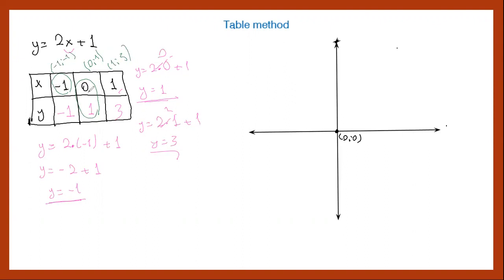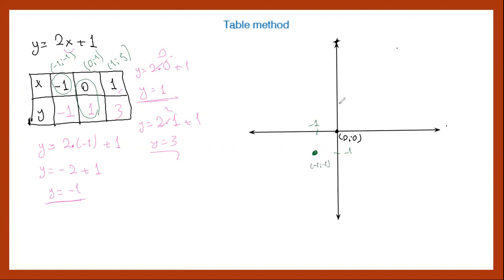So just place them. Look, I put there -1, -1, which is here. You don't need to write all the coordinates out. Just say approximately this is -1 here and this is -1. So my point is here. This is the point -1, -1.